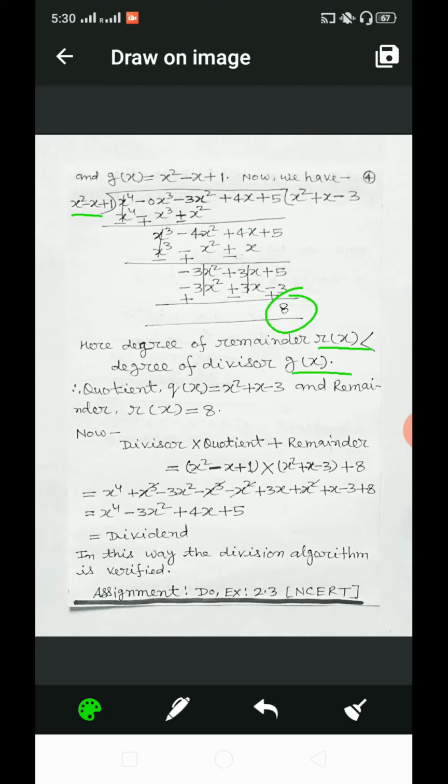So quotient, that is q(x) is equal to x square plus x minus 3, and remainder, that is r(x) is equal to 8.